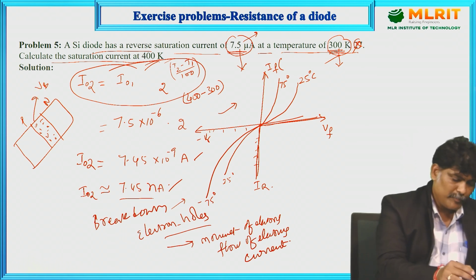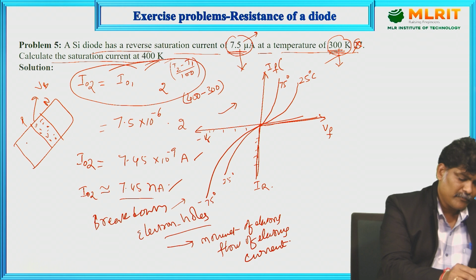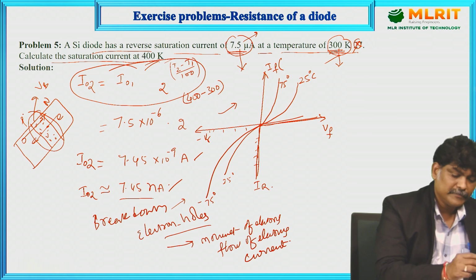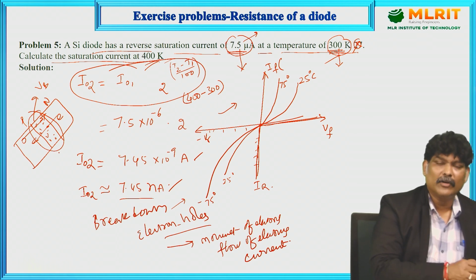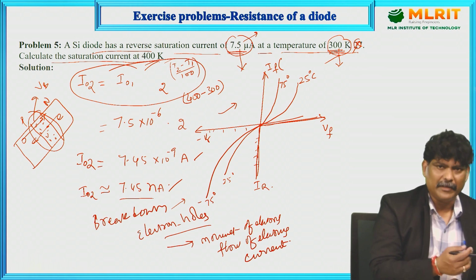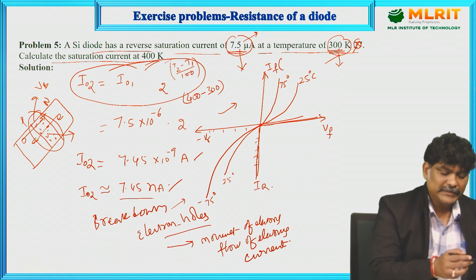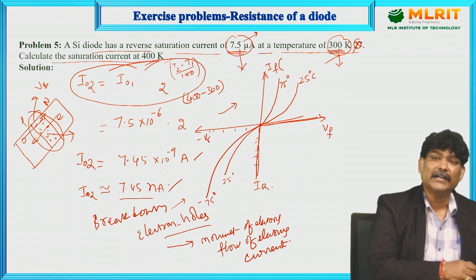The immobile ions will oppose the flow of holes from this side to this side, and these immobile ions will oppose the flow of electrons from this side to this side. So this acts like a wall, the potential barrier or space charge region. Space means empty, so there are no charge carriers for current conduction.